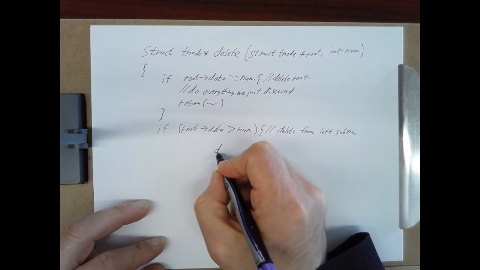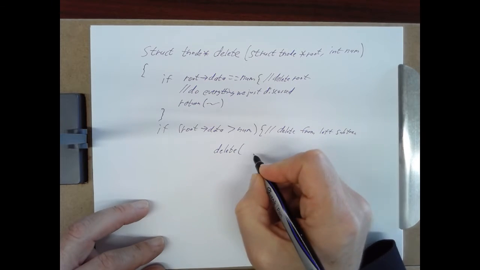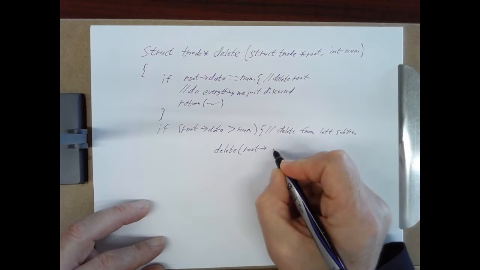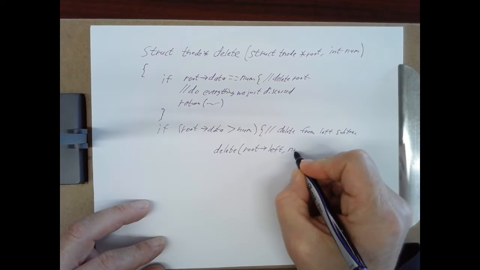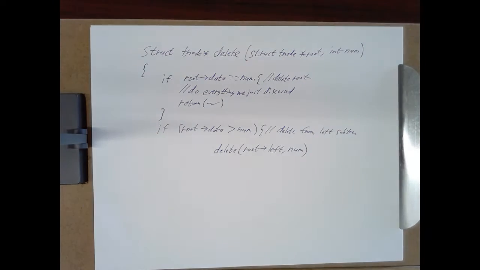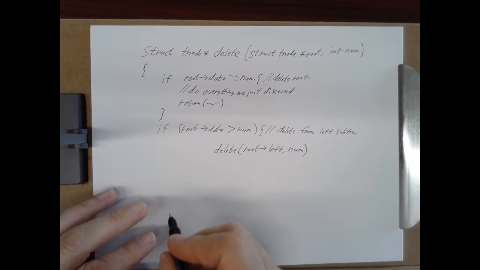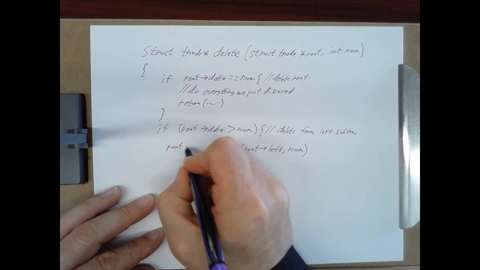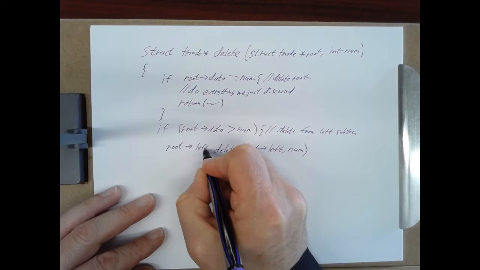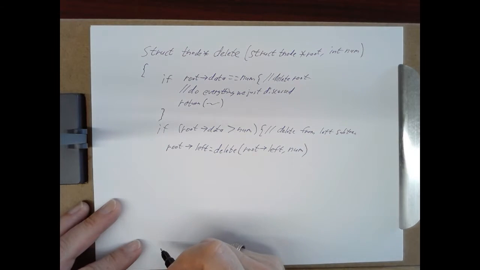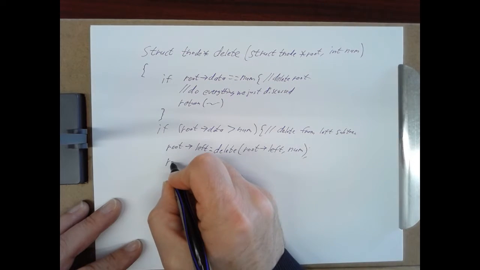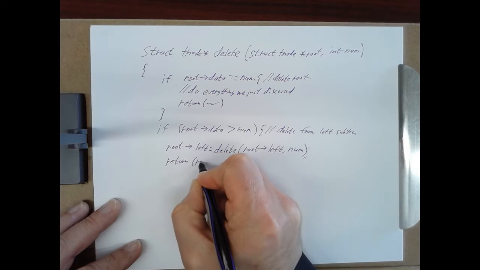We're just going to say delete root arrow left, comma num. So we're going to use our delete routine, and we're going to say delete from the left subtree. And that's going to return the possibly new root of that left subtree, which means that should be what root points to on the left. And then we're going to return the root.